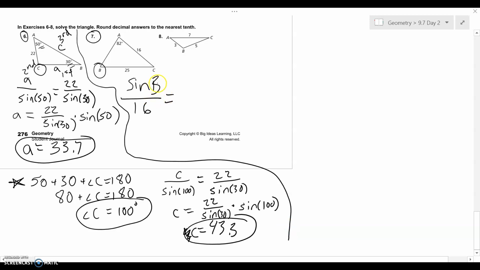Sine of B over 16 is equal to the sine of 82 over 25. I'm going to multiply both sides by 16, so sine of B is sine of 82 over 25 times 16. And I'm just going to go into the calculator and compute that right-hand side.